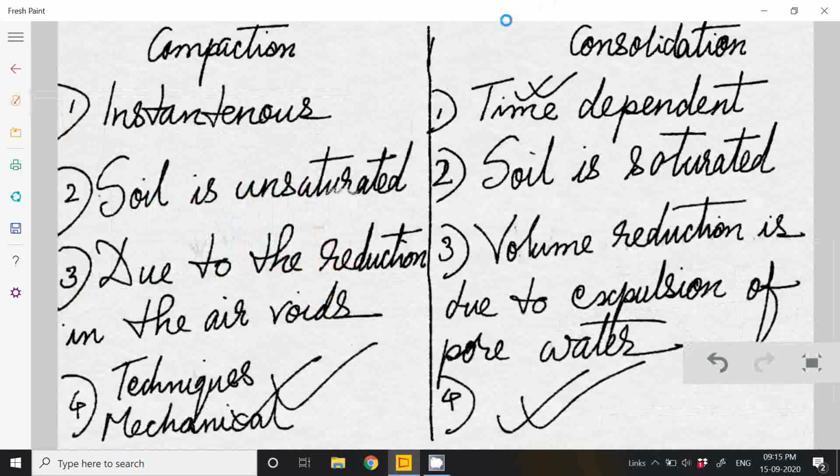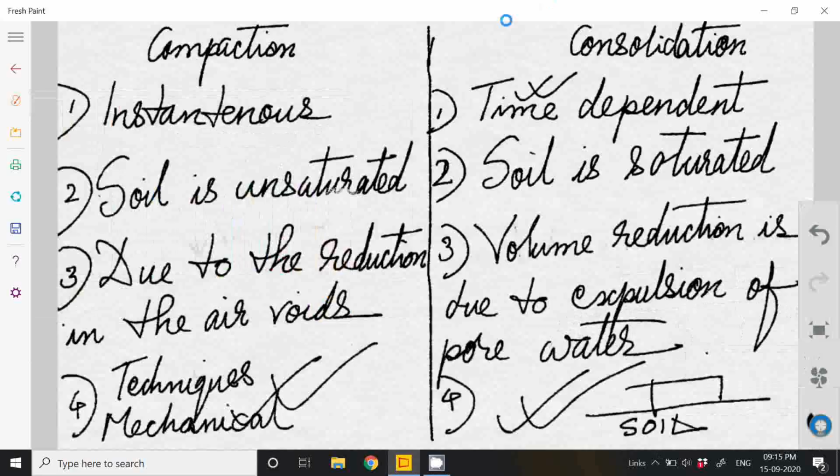over the soil. That means, suppose this is the soil and there is a house over it. This house will be a load for a very long duration, isn't it? So this type of loading is considered for consolidation.